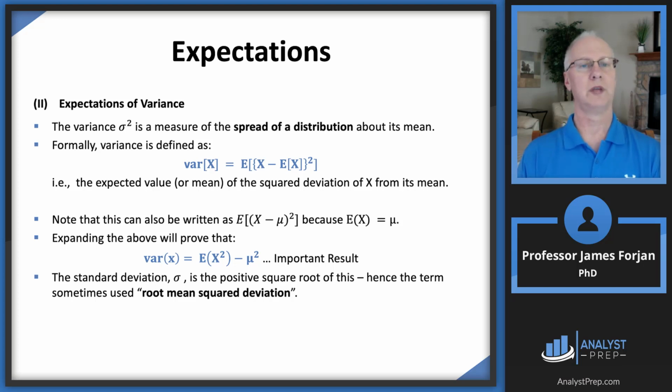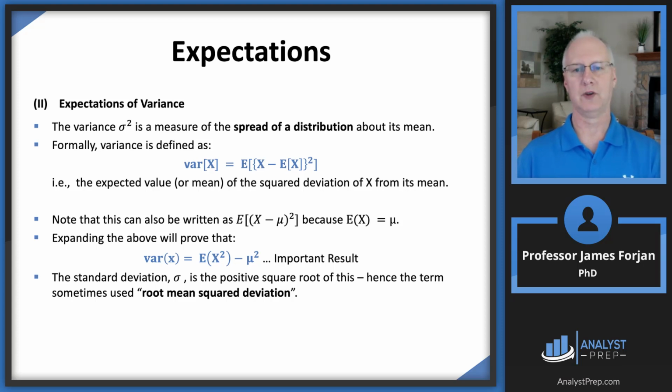We can also take the expectation for the variance, and we're going to do the same thing, but instead of taking the expectations of all of the little x's, we're going to take the expectation of the difference between each observed x value and its expected value. Now, look at the middle bullet point there.